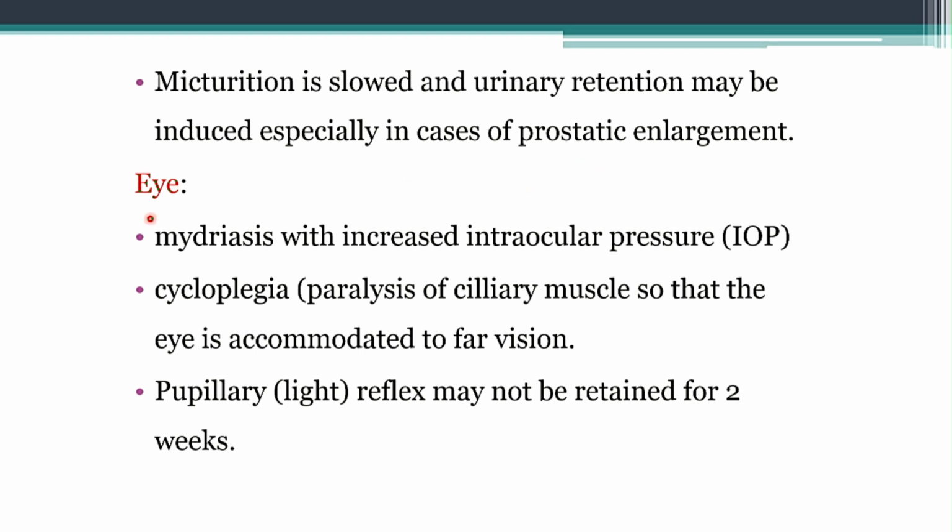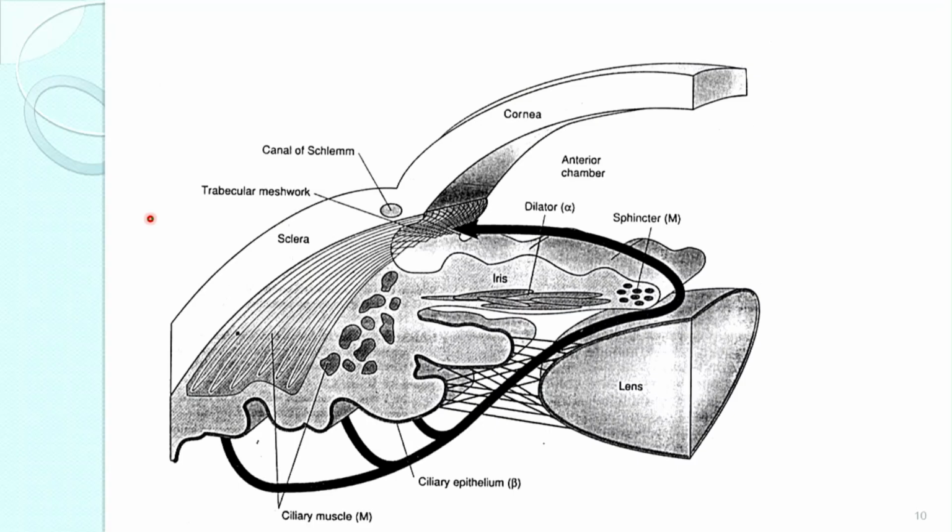The actions of atropine on the eyes. Let us summarize some of the anatomical facts of the eye. We have the ciliary muscles of the eye.